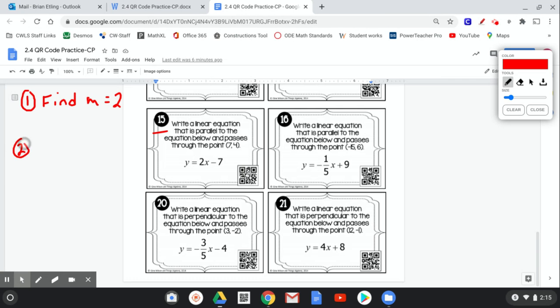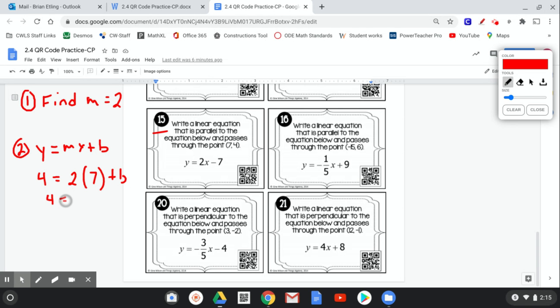And then the next step is to find b. So you do y equals mx plus b, and you're going to find b. So plug everything in. Plug in the 4 equals 2, which is our slope, times our x value, which is 7 plus b. All right. And then we got to solve for b.